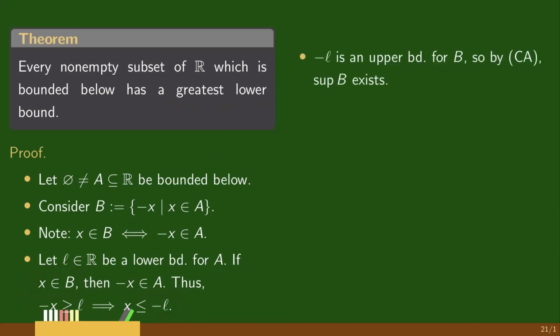Ang tawag natin sa kanya ay upper bound for B. Okay? So by the completeness axiom, what does B have? Anong meron si B? Meron siyang least upper bound, o yung tinatawag nating supremum. Correct? Tama ba?